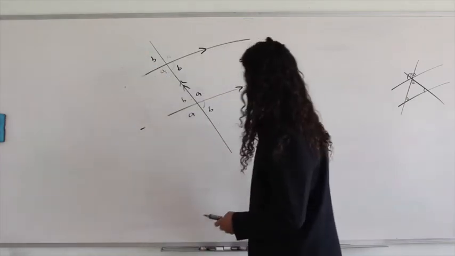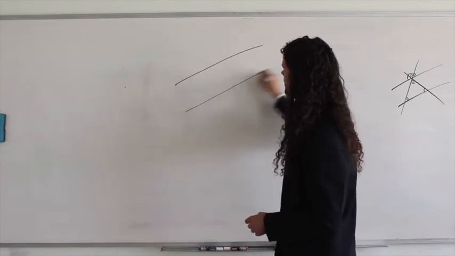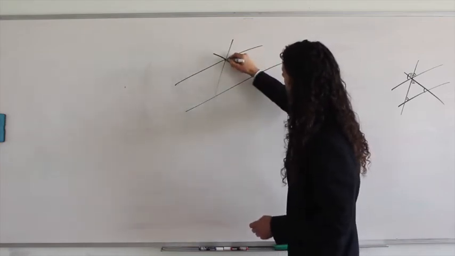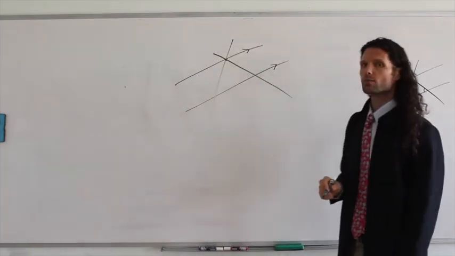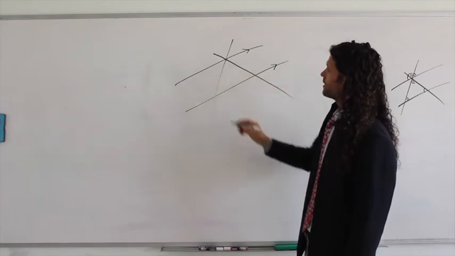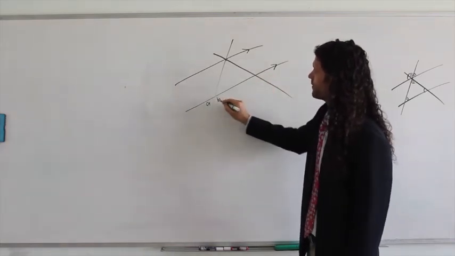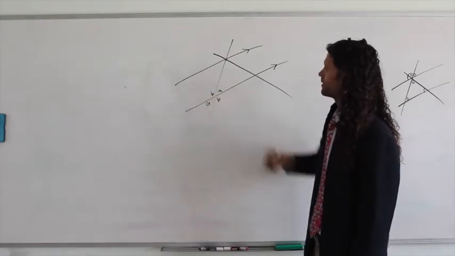Also, if we wanted to form a triangle using the point of intersection of the transversals with that set of parallel lines here, well, if we call that A and we call this B, then we know this is B and this is A from vertical angles and supplementary angles.